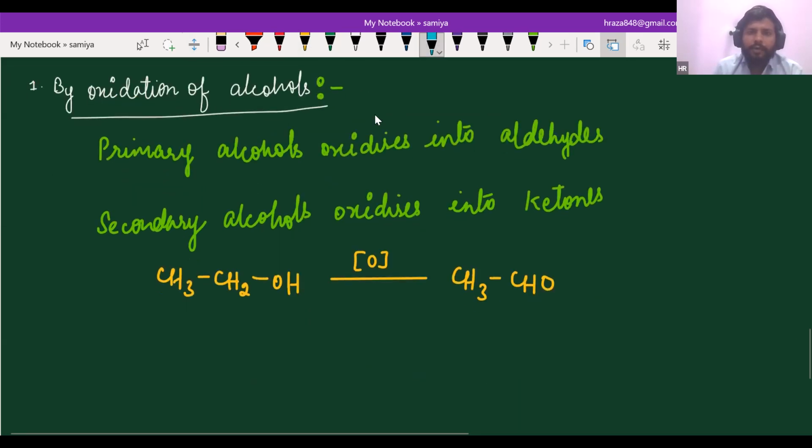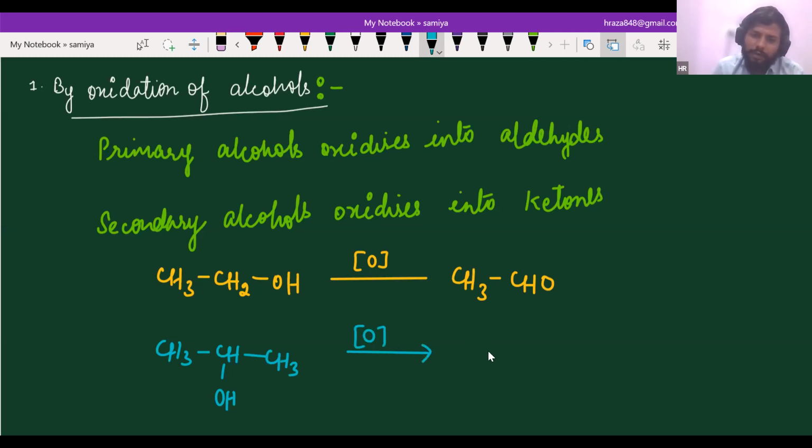And if you use a secondary alcohol like this, then it will be converted into ketone. You have seen what oxidation is: removal of hydrogen or addition of oxygen.